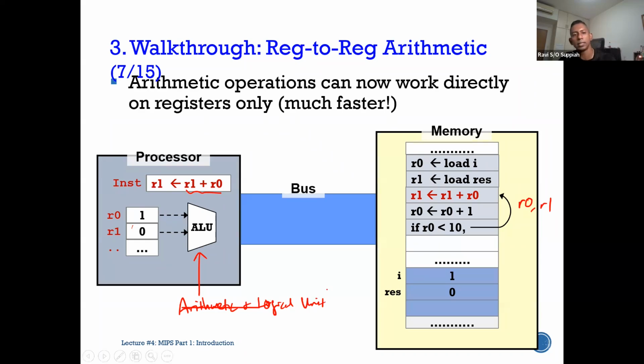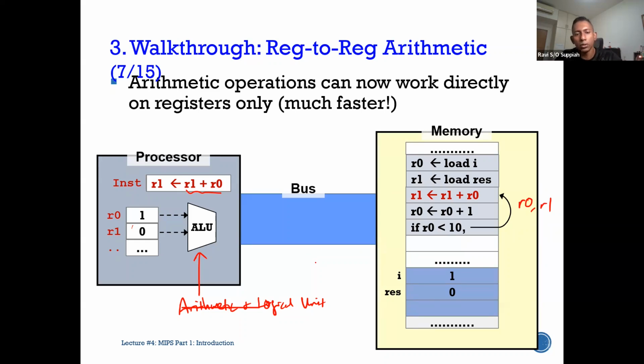It is the one that does a lot of the computational work: your addition, subtraction, multiplication, division, and so on. In some processors you may have a few different hardware blocks for different types of computation, but at least the most basic ones, addition, subtraction, and maybe multiplication, would be done in the ALU.